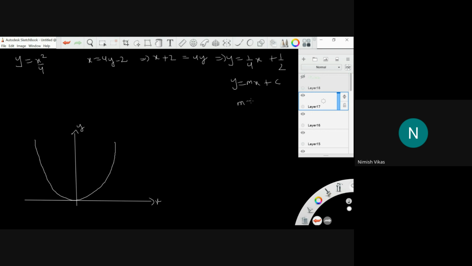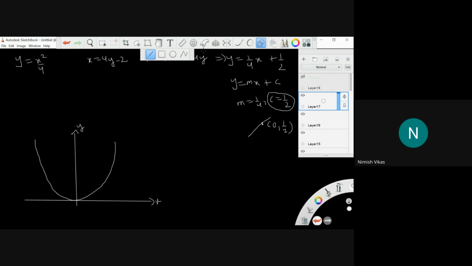So here m is equal to 1 upon 4 and c is equal to 1 upon 2. So slope is 1 upon 4, a positive slope, so the line will be going upwards. Also the y-intercept c is 1 upon 2, so it will pass through the point 0, comma 1 upon 2, because when x is 0, y is 1 upon 2.